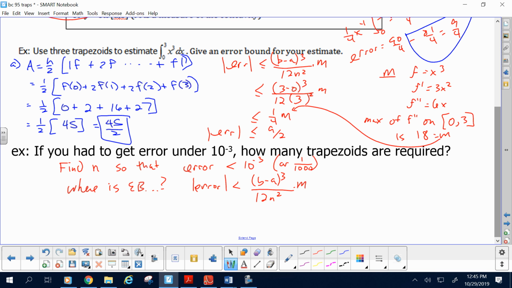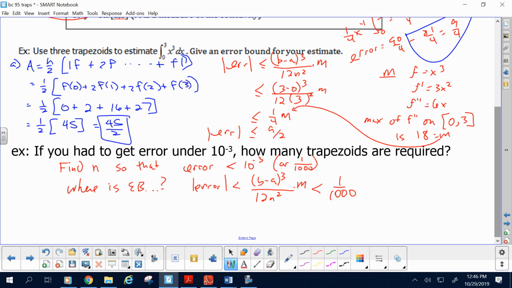Now, if my error bound is less than 1,000th, then won't the error also have to be less than 1,000th? So if I could just get my error bound below 1,000th, then I'm good to go, because the error is less than the error bound. You follow?